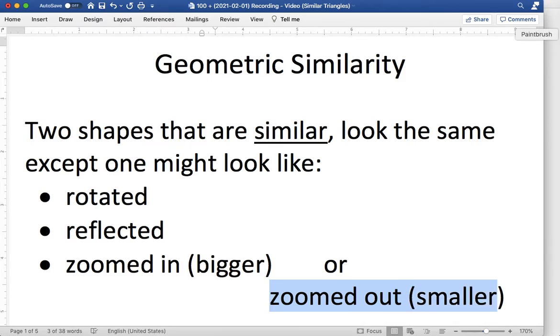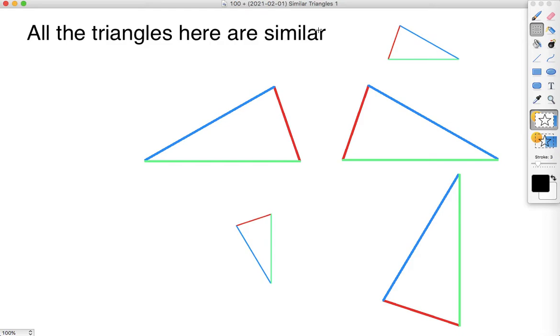Let's look at some examples of geometric similarity. Here, all these triangles, they're all similar. And when I mean they're all similar, let's look at these two.